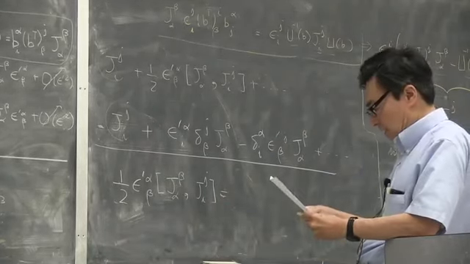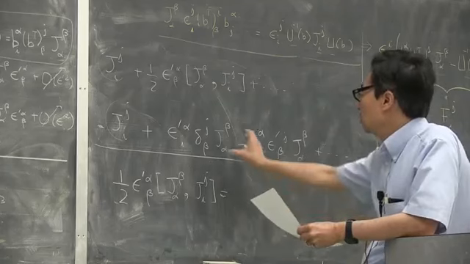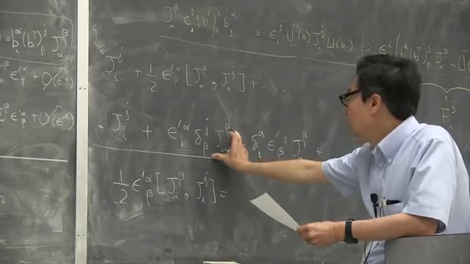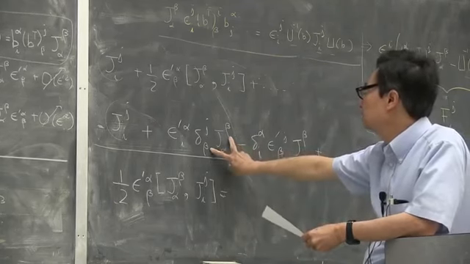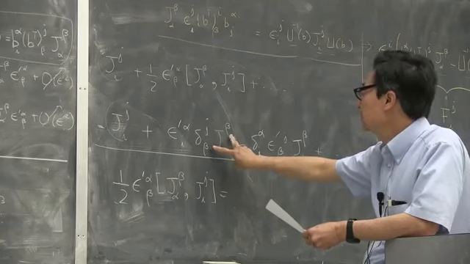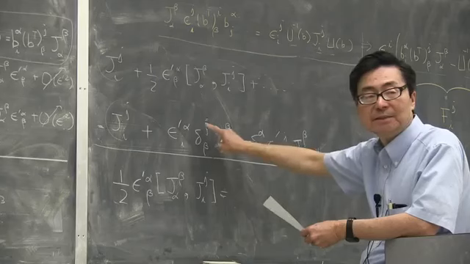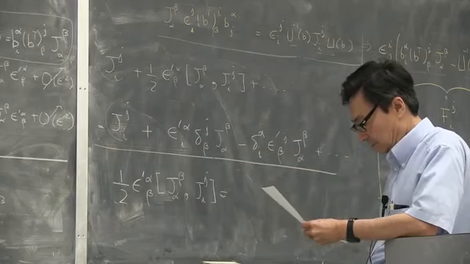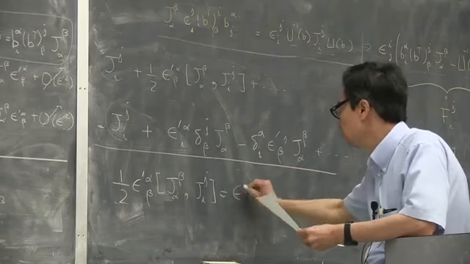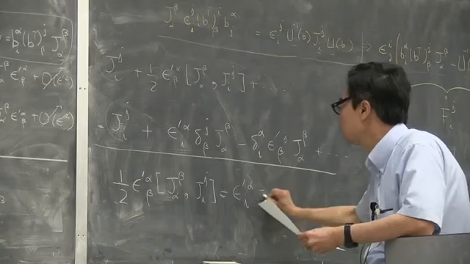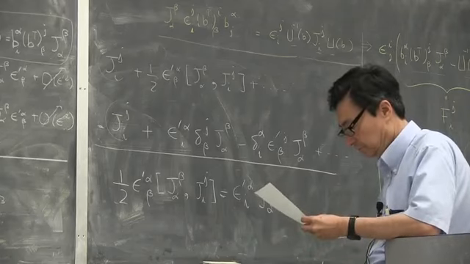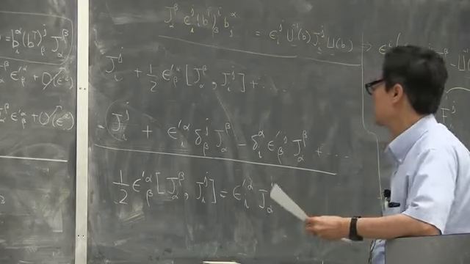Now let's do one sum. In fact, we can do the sum over beta in here. Okay, first. When we do the sum over beta, beta must be equal to J, and then you take this away. All right? So that must be equal to epsilon prime I alpha, J alpha J. Is that okay?